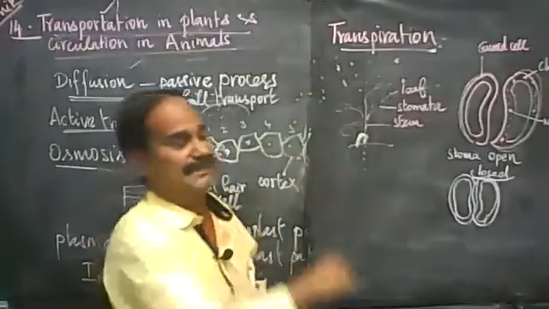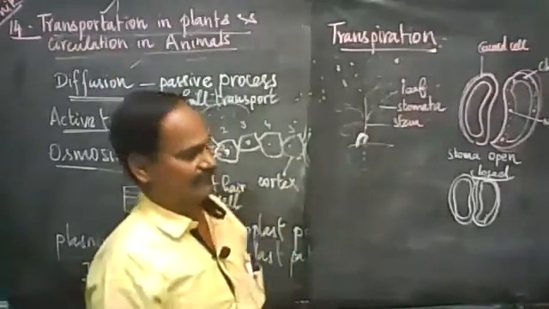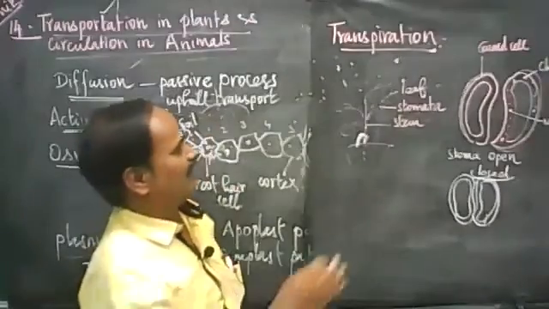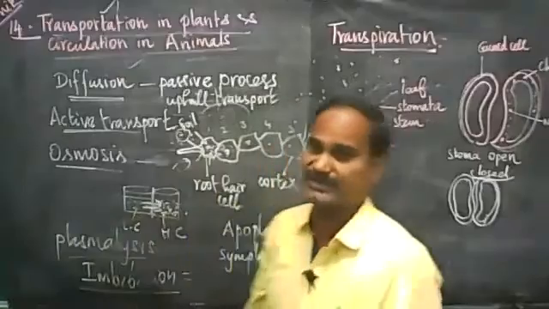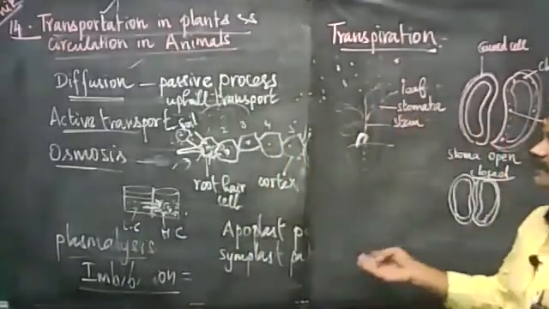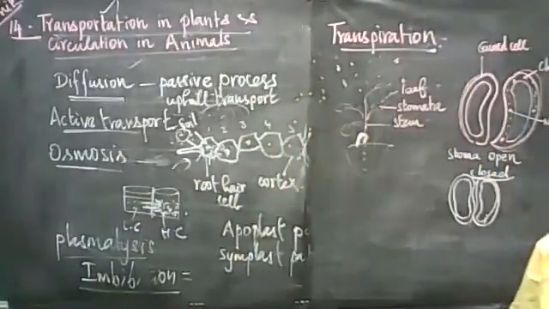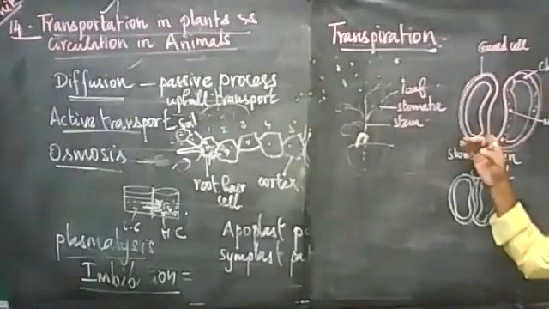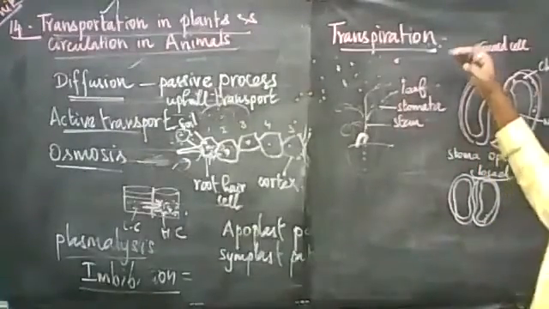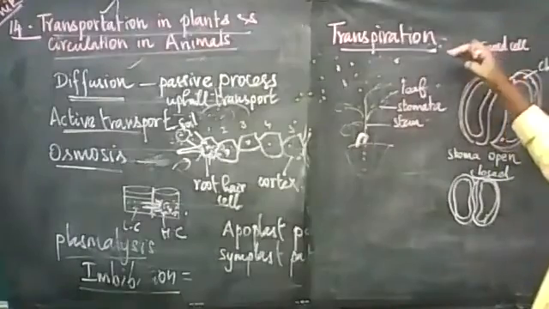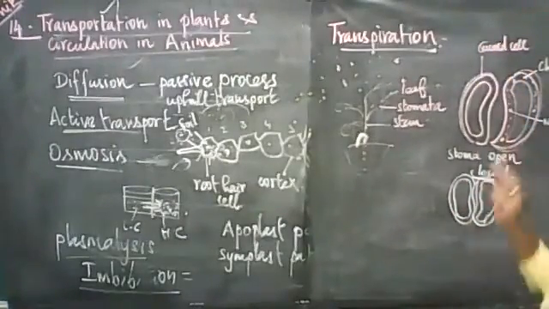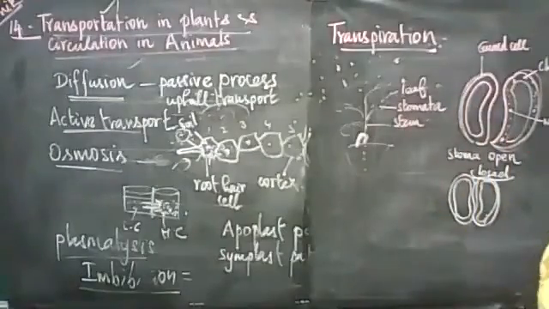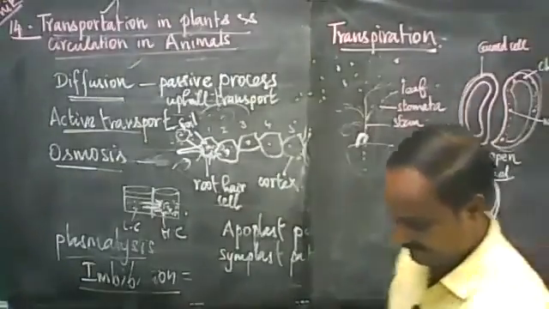That is the importance of transpiration. If they ask in a 4-mark question, what is transpiration? Write the importance of transpiration. In a 2-mark question, they will ask, draw the diagram of stomata when it is open and stomata when it is closed and label the parts. So these are very important diagram parts. Right, with that we have completed transpiration.